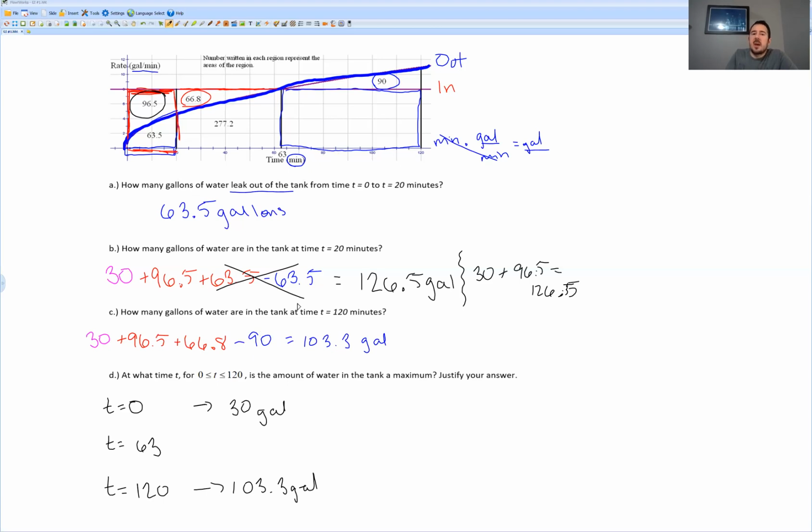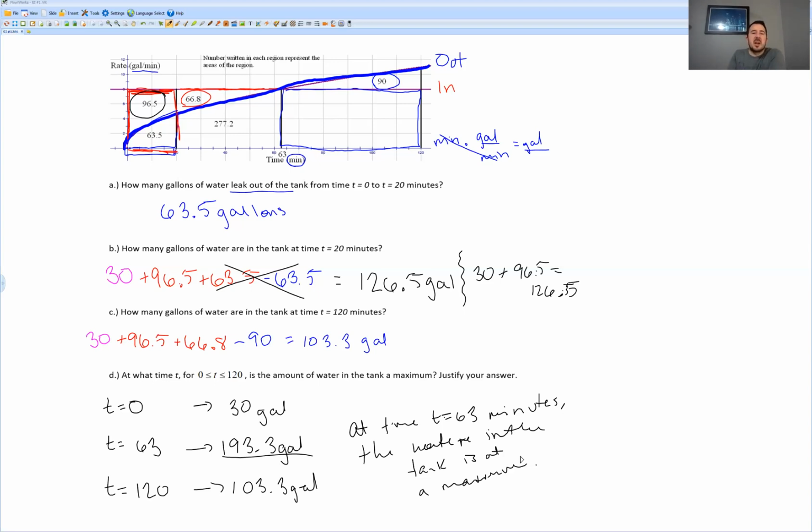So I would just add that 90 back in. So I'd have 193.3 gallons. And then it's asking at what time is the amount of water at a maximum. So it would be at time t equals 63 minutes. The water in the tank is at a maximum.